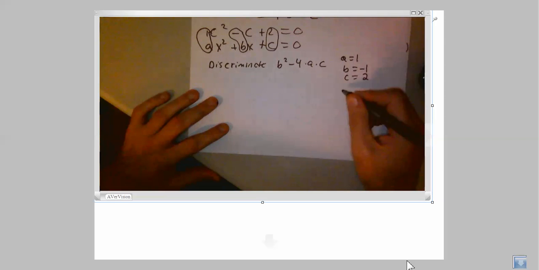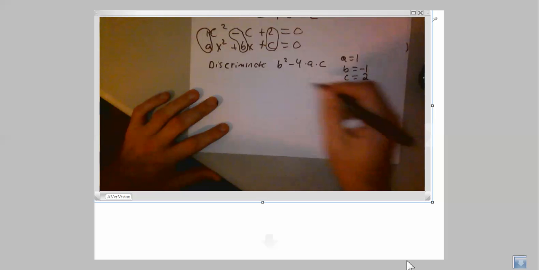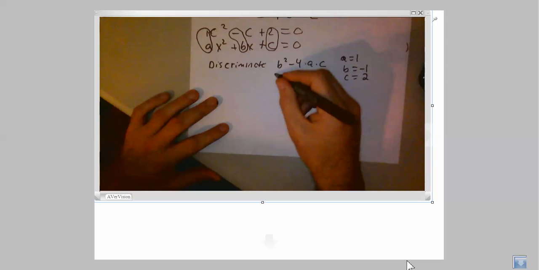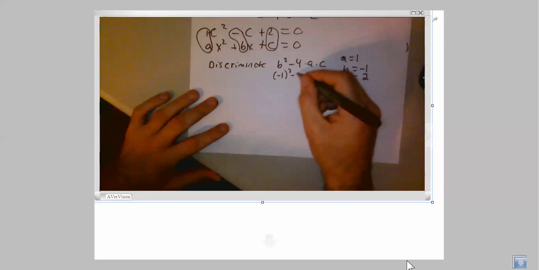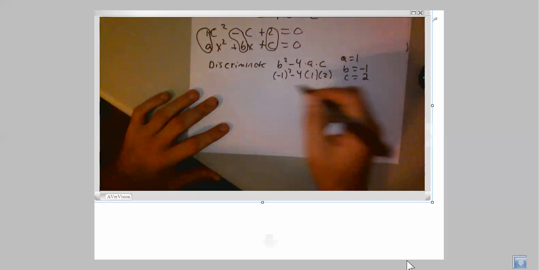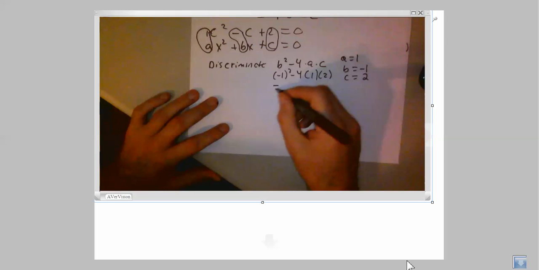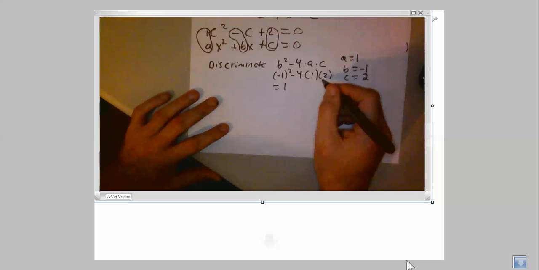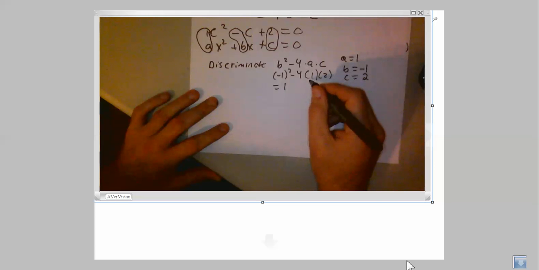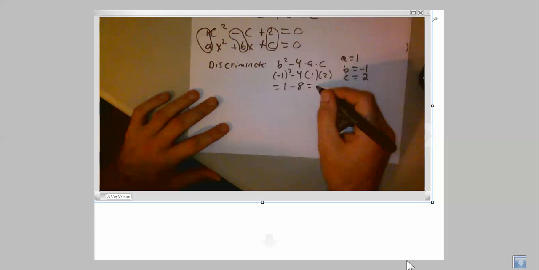So b squared is going to be -1 squared minus 4 times a is 1 and c is 2, which is -1 squared is 1, and 2 times 1 is 2, 2 times -4 is -8, so this is going to be equal to -7.